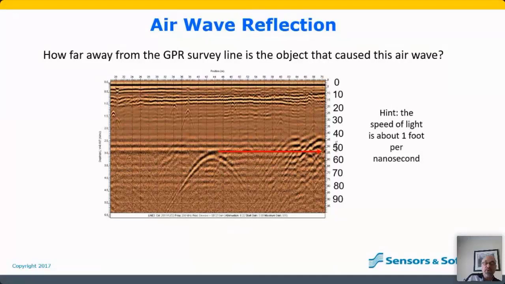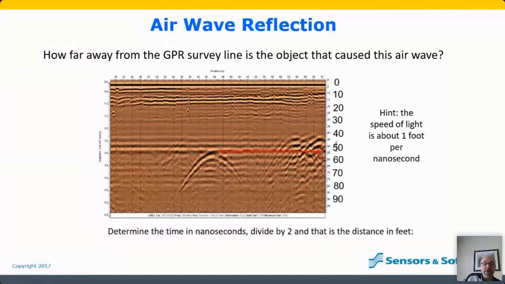So how far away is that air object? Well, if I walk to this point on my GPR line and I look a certain distance away, there's going to be an object, no doubt, in the air. And the thing you have to remember is that you have to divide the time value by 2. So in this case, 54 divided by 2 is 27 feet.